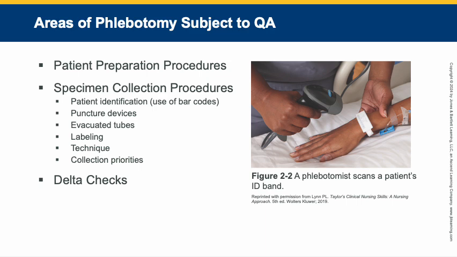Next, puncture devices. All puncture devices come in sealed, sterile containers and should be used only once. If the seal has been broken and you didn't do it, you need to put it in a sharps container and get a new one. Don't use it. Throw it away. Manufacturing defects in needles can also happen.